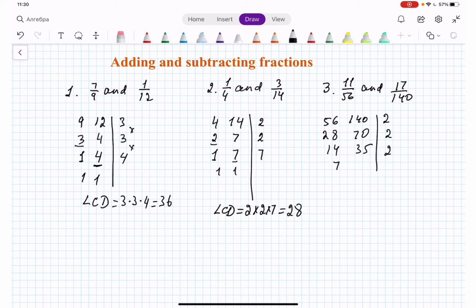Divided by 2, 7. Here 35 stays the same, because you can divide 7, divide by 7 is 1, here is 5, divided by 5 is 1. So we are getting LCD equal, if we multiply all these, 2 times 2 is 4, times 2 is 8, times 5 is 40, 40 times 7, 280.